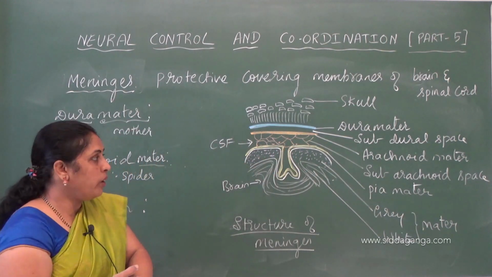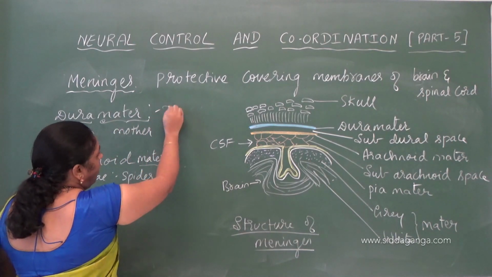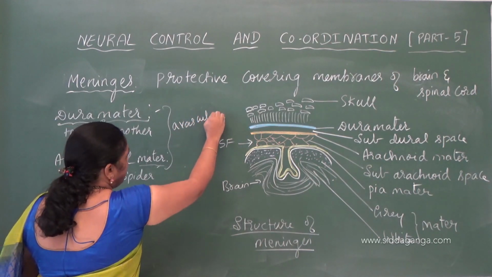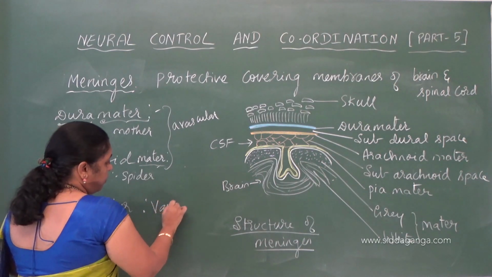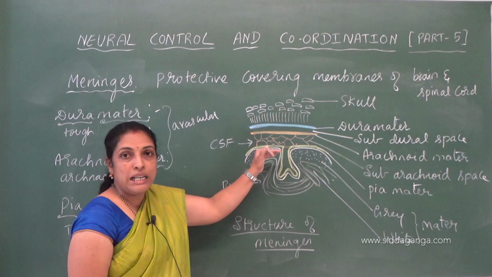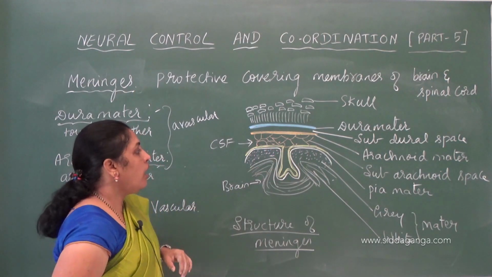Dura mater and arachnoid mater both are avascular, where avascular means not supplied with blood, whereas pia mater is vascular. It is attached to the brain and spinal cord.